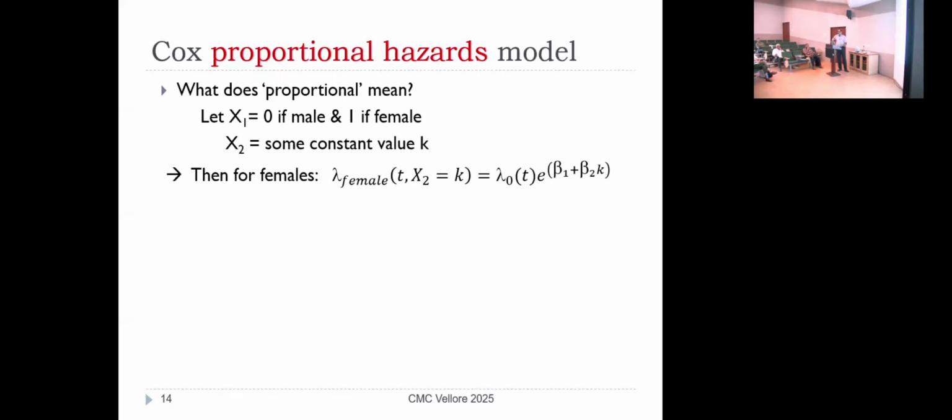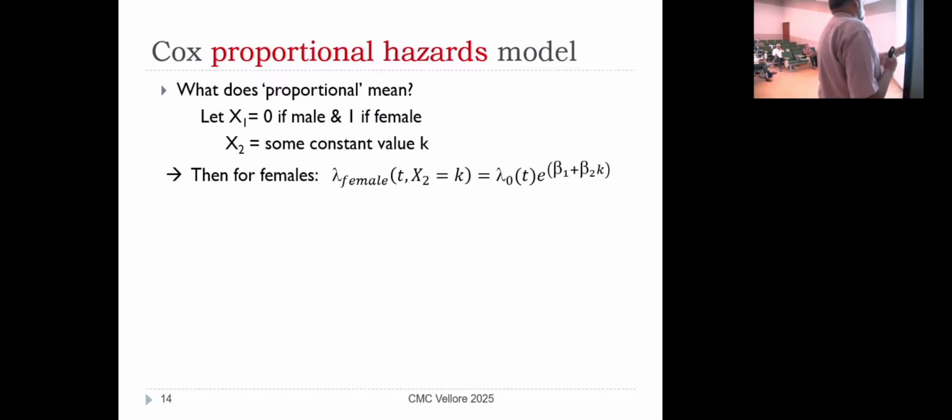Everybody get that? I skipped one little step here, and that's probably why. So the hazard at t depends on x1 and x2. And so this is lambda naught t e to the beta 1 x1 plus beta 2 x2.